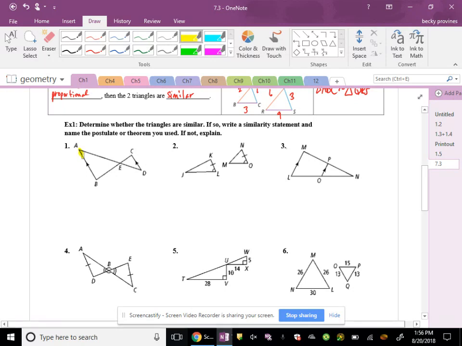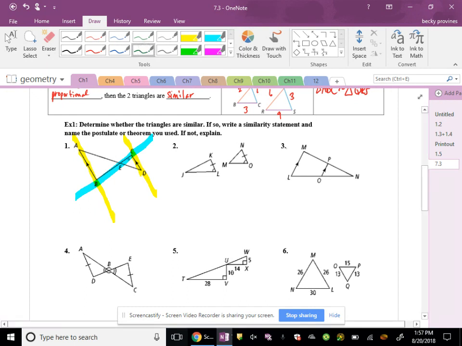Now, I see here, I'm highlighted in yellow, that I have lines that are parallel. Why does that matter? Well, anytime you see parallel lines, they're trying to give you a hint that you have some congruent angles. If you guys will remember back, we had a chapter where we talked about parallel lines, and then we talked about transversals.